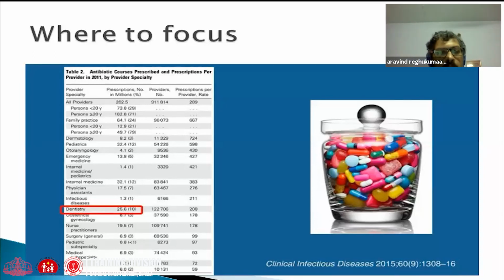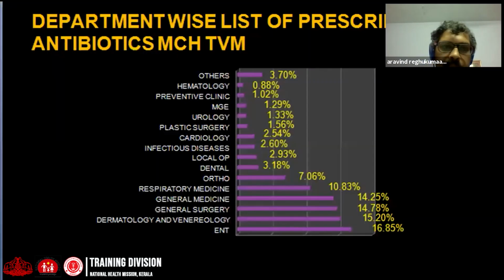The maximum prescription was from dentistry. So when we are planning antimicrobial stewardship, you need to focus on areas like say dentistry, etc., because there also antibiotics are being prescribed right and left.